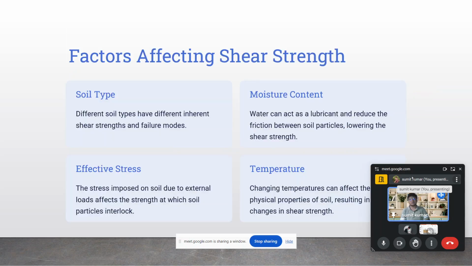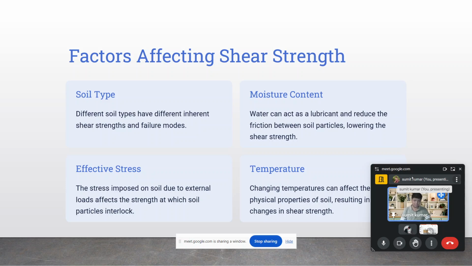Now we talk about some of the factors that affect the shear strength. The first factor is the soil itself, because if the soil is cohesive or cohesionless, the value of shear strength gets affected in one way or the other. One of the prime factors is the soil type.